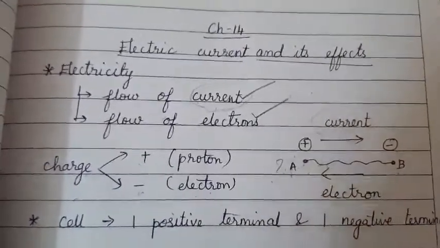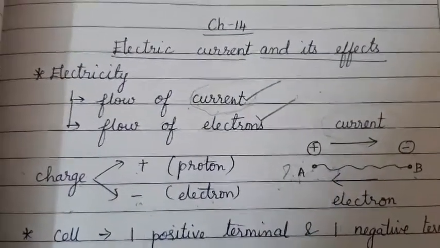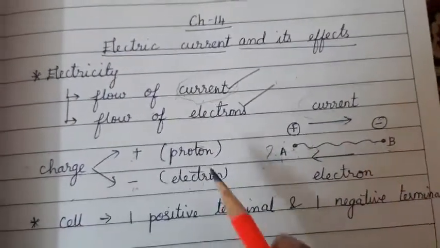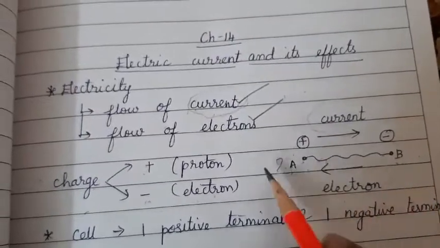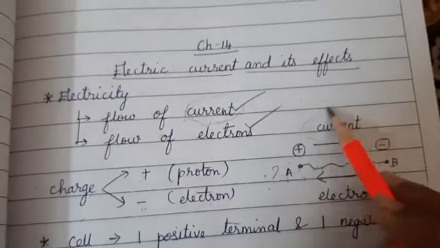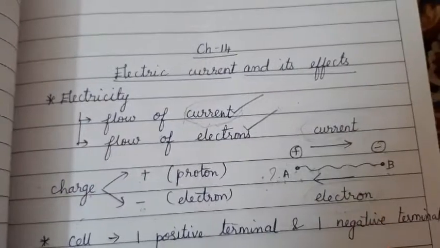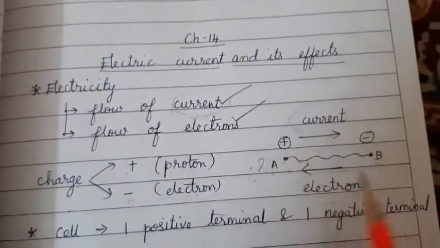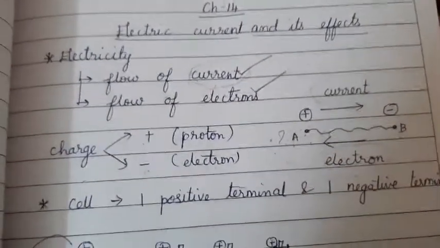So I can tell the flow of current as flow of charges, either as protons or electrons. They flow from one end to the other end. Proton means positive to negative end. Electron means negative to positive end. So that is why I have drawn here that the flow of current is always opposite to the direction of electrons. The current flows from the positive end to the negative end, but the electrons flow from negative end to positive end.